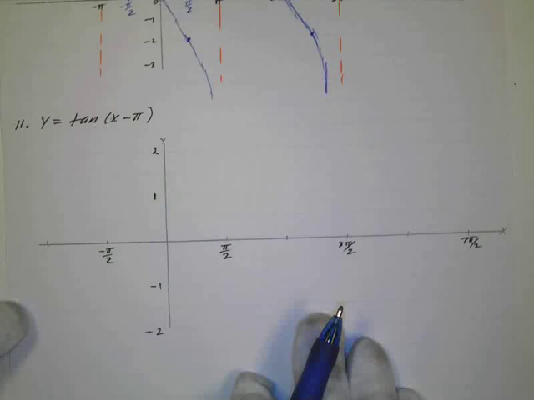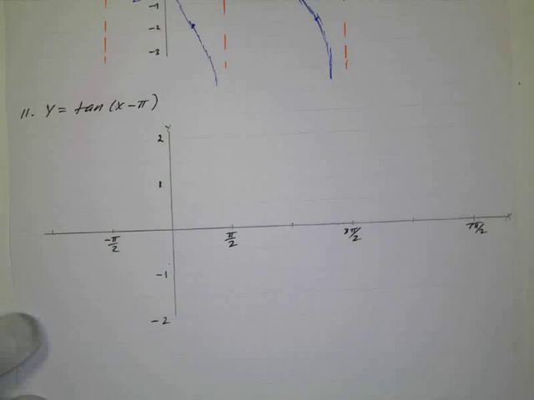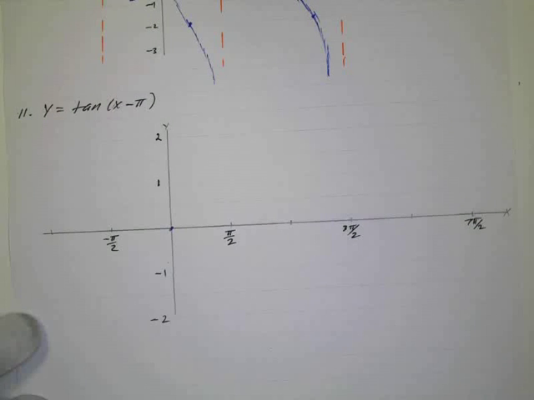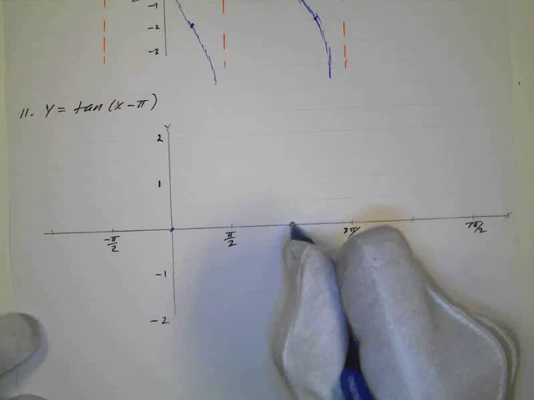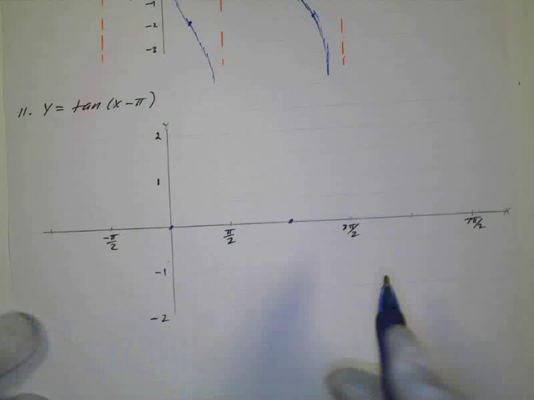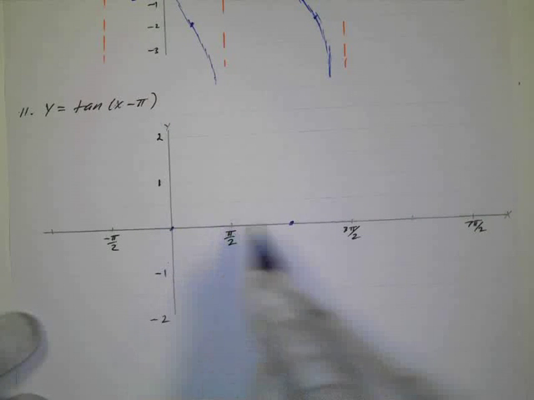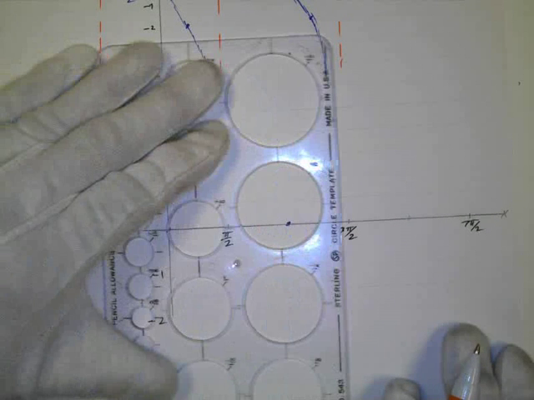Okay? And then over here, number 11. Now this is just a shift to the right of pi, so this is real easy to deal with. If I start with my curve, this is my center point, so if I'm going to shift it over pi, I just move it pi to the right. So there's my new center point. Now my period's still going to be pi, so this would be pi over 2 and then 3 pi over 2. So that's pi over 2 on each side of that, so those are my asymptotes.